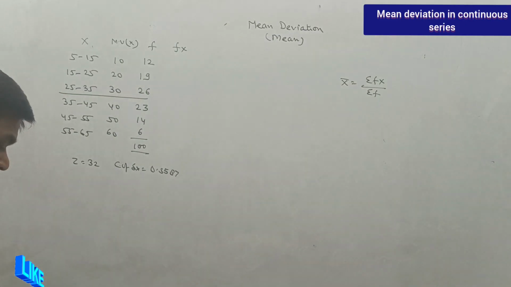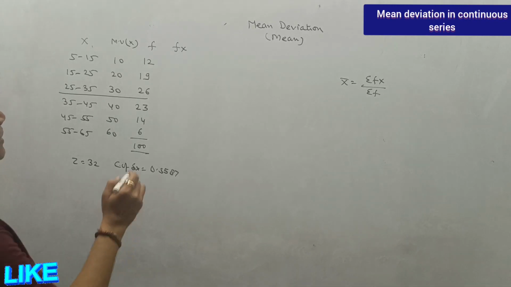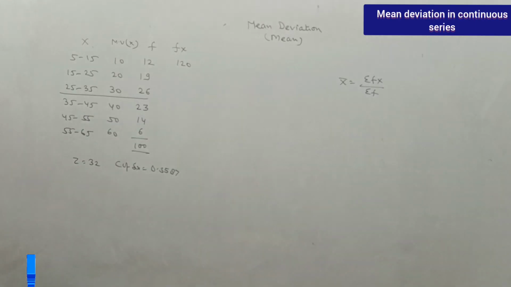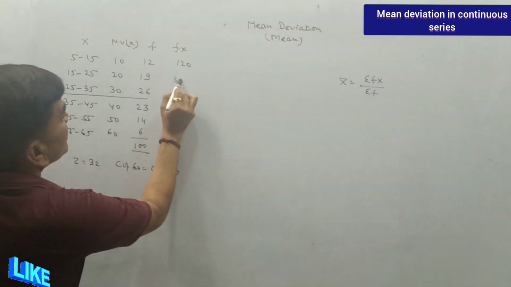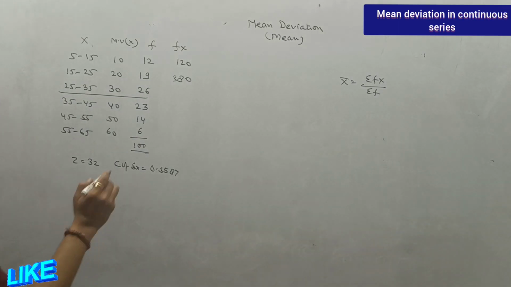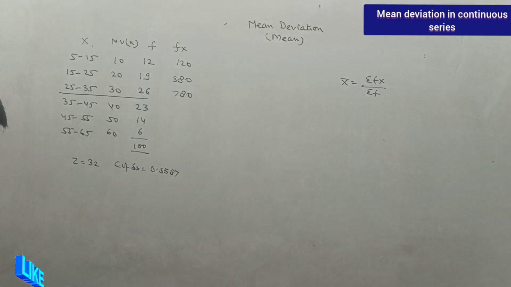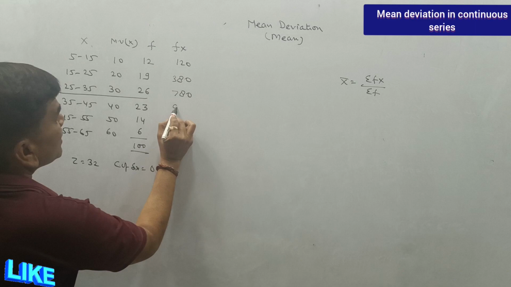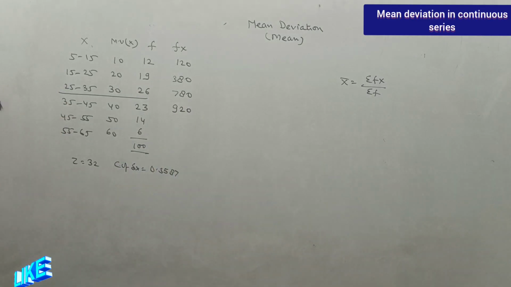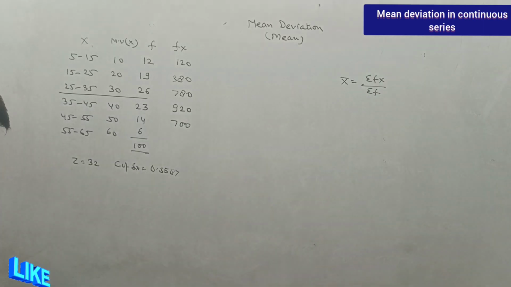So first we will calculate f x. 10 multiplied by 12 is 120. 20 multiplied by 19 is 380. 30 multiplied by 26 is 780. 40 multiplied by 23 is 920. 50 multiplied by 14 is 700. And last one, 60 multiplied by 6 is 360.